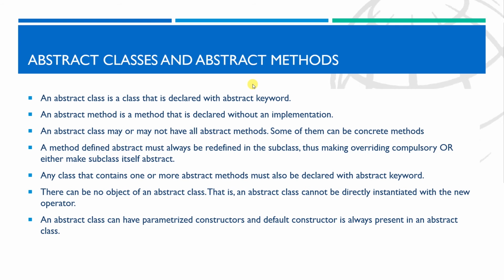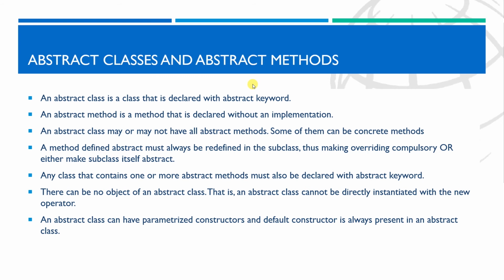And a method defined as abstract must always be redefined in the subclasses, thus making overriding compulsory, or else make the subclass itself abstract. Any class that contains one or more abstract methods must also be declared with the abstract keyword.